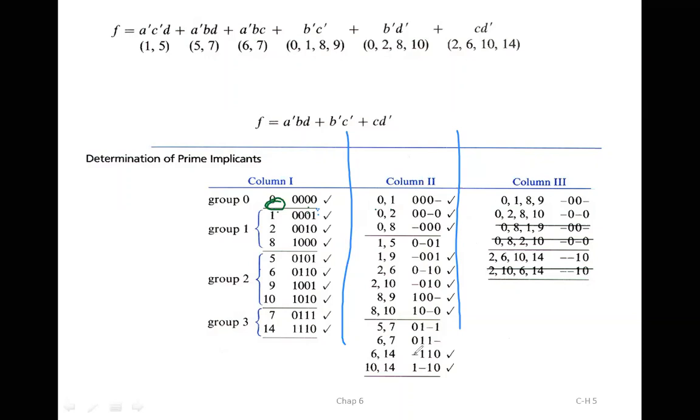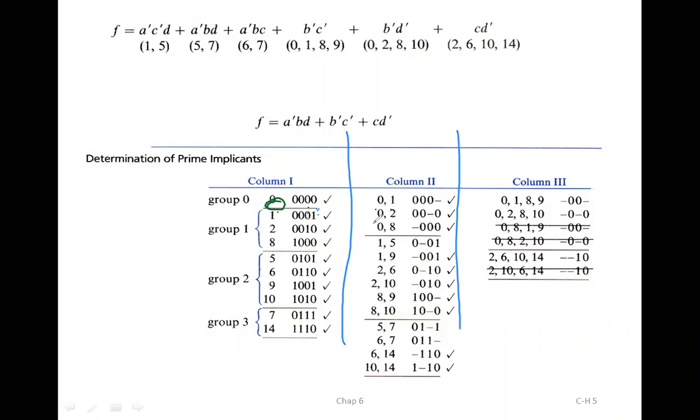Then next step, what you have to do, same comparison again you have to do. So 0, 1 you have to compare with 1, 5, 0, 1 you have to compare with 1, 9, 0, 1 you have to compare with 2, 6, 0, 1 you have to compare with 2, 10, 0, 1 you have to compare with 8, 9, 0, 1 you have to compare with 8, 10.